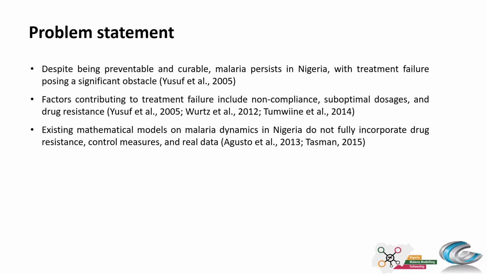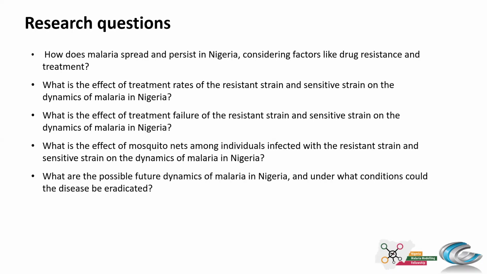Drug resistance is also a known cause of treatment failure. However, the existing mathematical models do not fully incorporate drug resistance and control measures, including the use of nets, and they do not use the real data of Nigeria. So this is the gap that the authors were looking to fill via this study.